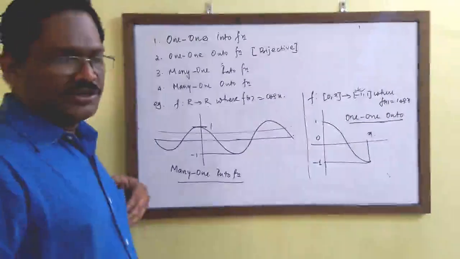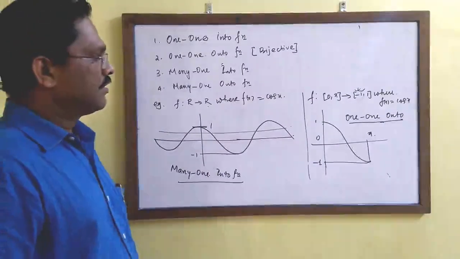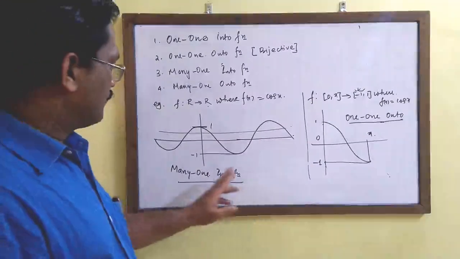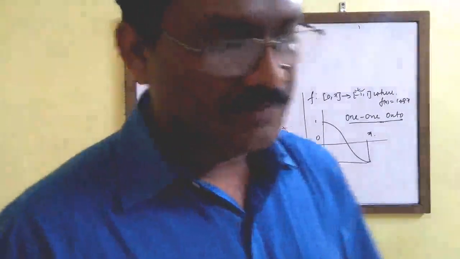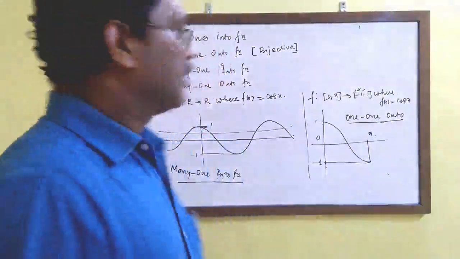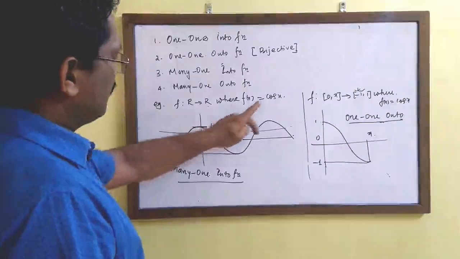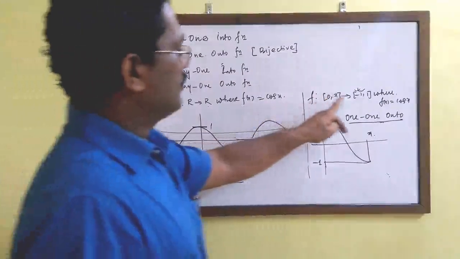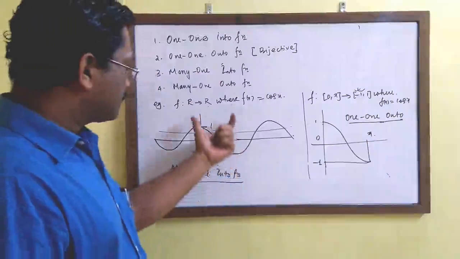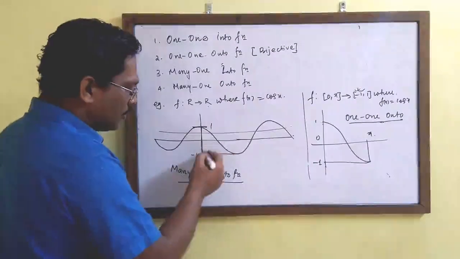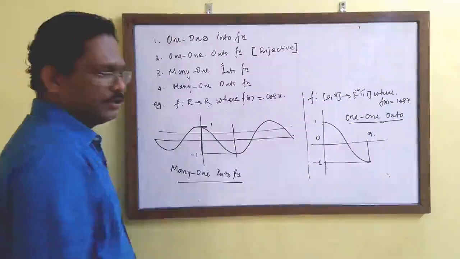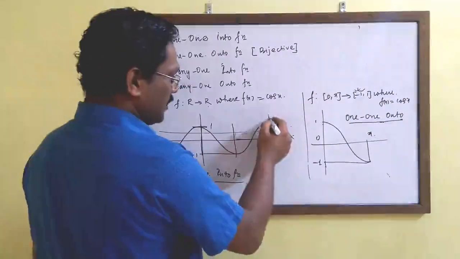Now the question arises, if this is a one-one onto function, the same function was many-one into function. So what is the meaning? The meaning is we can convert a many-one function to a one-one function by restricting the domain. Now look here, in 0 to pi I have restricted the domain and it becomes one-one.